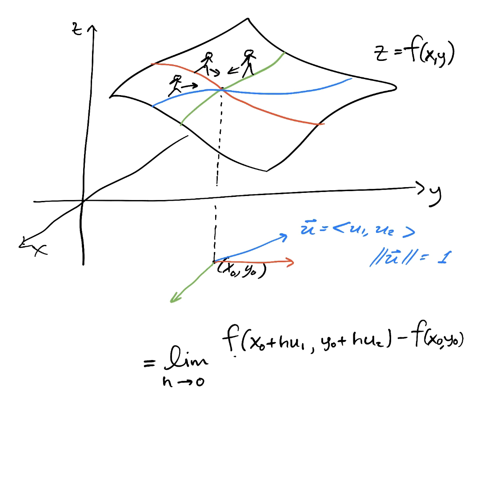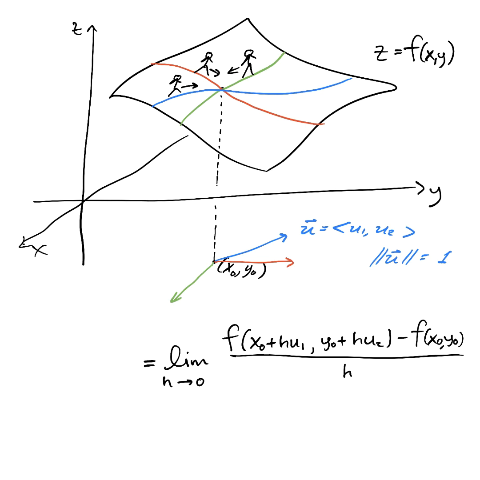So that's rise, that's the numerator. And then the run, like always, is h. So you're computing these rise over runs and taking the limit as the run goes to 0. It's just now the rise is computed in the direction of the blue vector, not purely in the red or purely in the green.